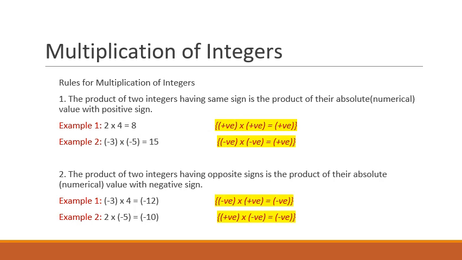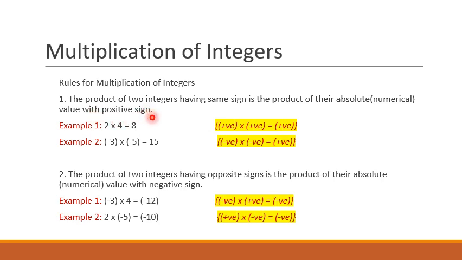Multiplication of integers. Now to multiply any two integers, we have to follow certain rules. The first rule says the product of two integers having same sign is the product of their absolute, or I can say the numerical value with a positive sign.